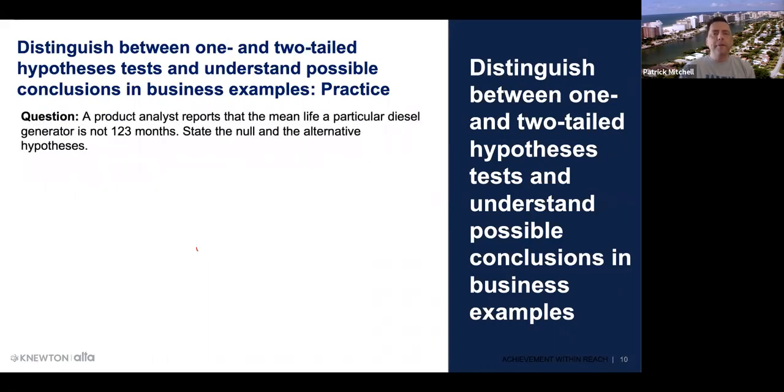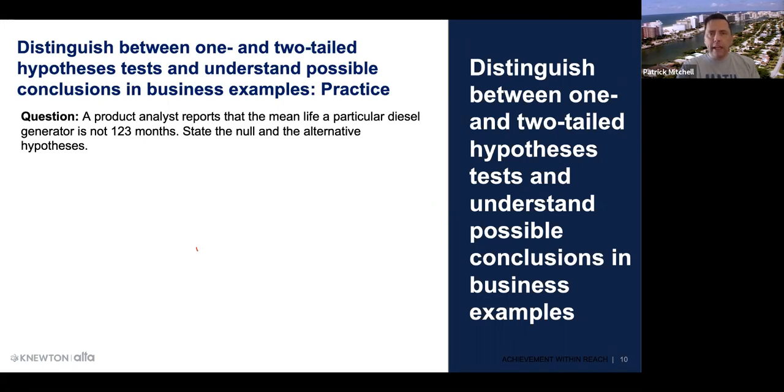Okay, next example. A product analyst reports that the mean life of a particular diesel generator is not 123 months. State the null and alternative hypotheses. Well, this one should be pretty simple.